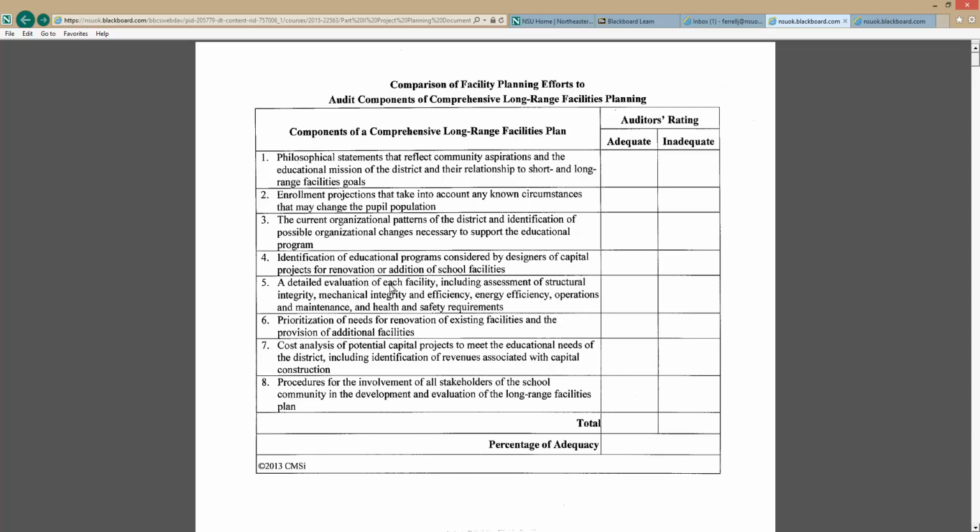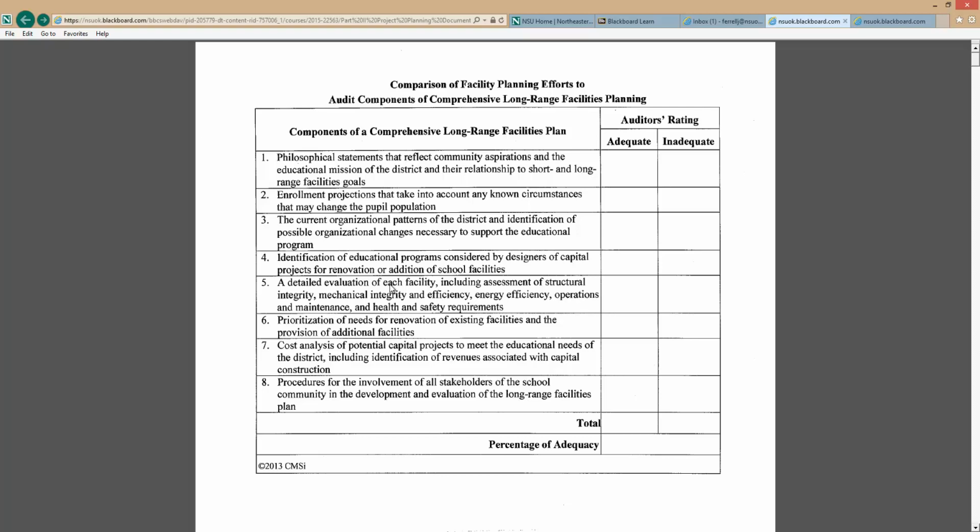A prime example of this being changed in looking at facility planning is maybe you have it set up so that you have a middle school with the 6th, 7th, and 8th grade and a high school with the 9th through 12th. And because of enrollment projections, you plan on breaking off the 6th and 7th and putting them in one building or keeping them in the middle school building and having a 9th grade center. That would be organizational patterns that are changing.